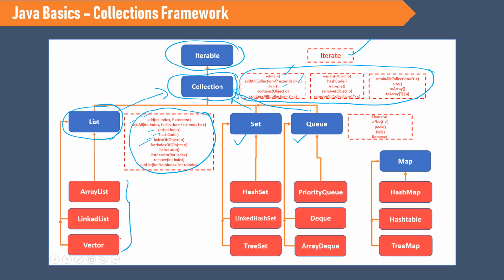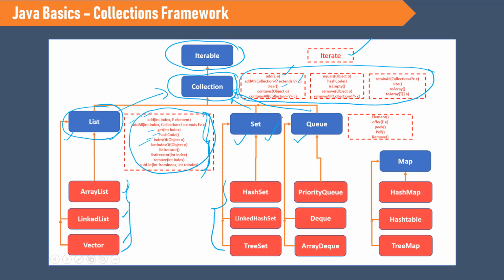So array list, linked list and vector have implemented this list interface. So all these methods are defined, that means they are implemented in all these classes. Similarly, for set, the classes implemented are hash set, linked hash set and tree set. So these classes have implemented this set interface.